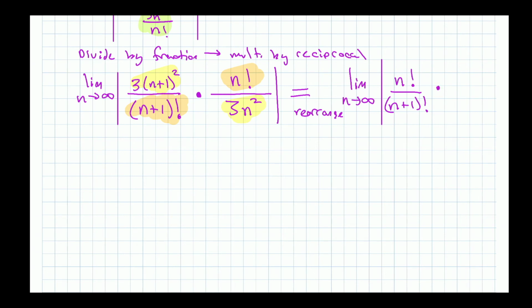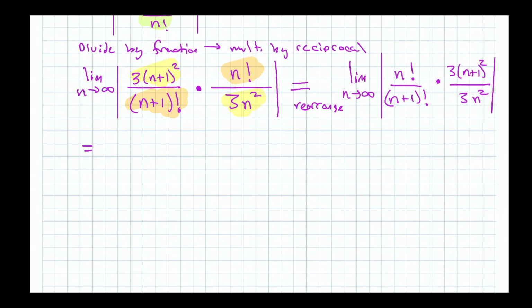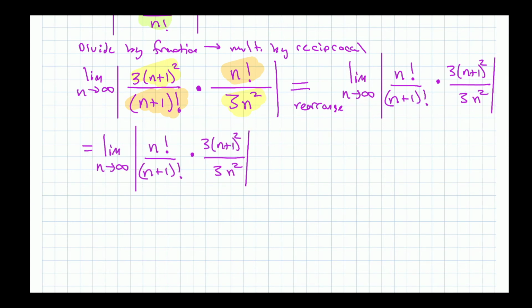And then the ones that aren't factorials are 3(n plus 1) squared and 3n squared. Copy paste it.